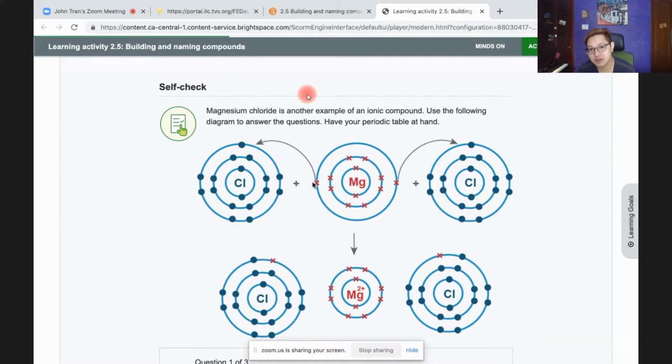Basically, positive ions lost some electrons, so they become smaller, and negative ions gained one or two more electrons, so they get bigger. But it doesn't always mean that negative ions have to be bigger than positive ions. It depends on what you start with.